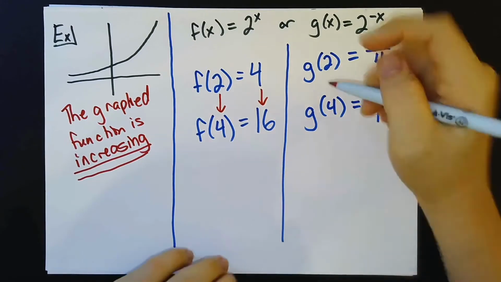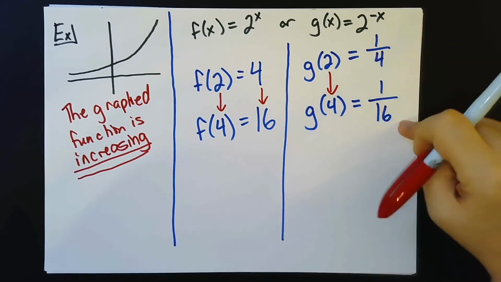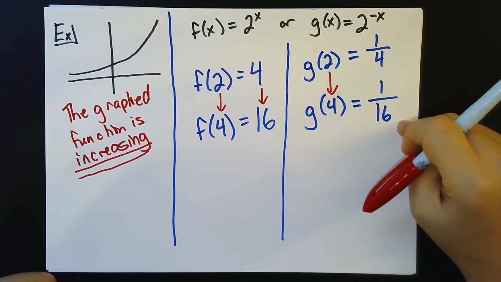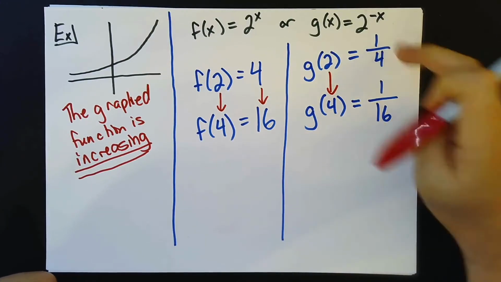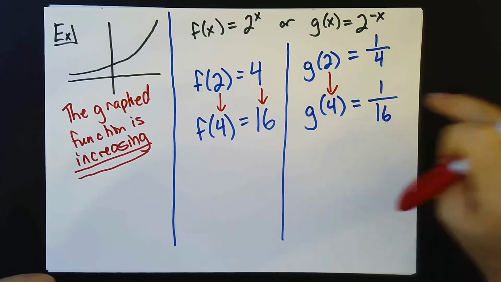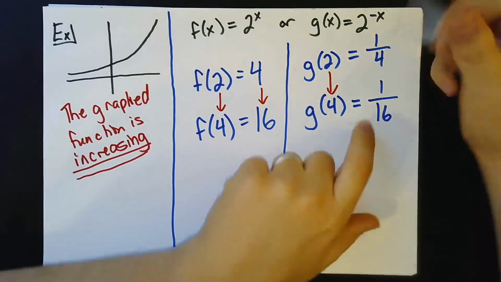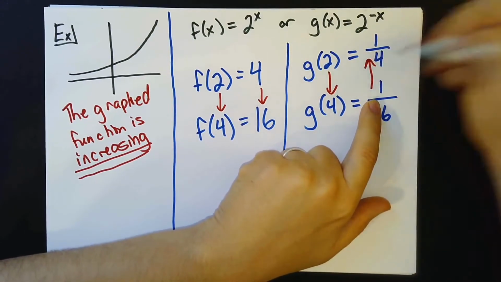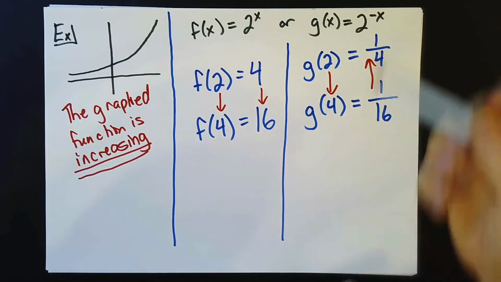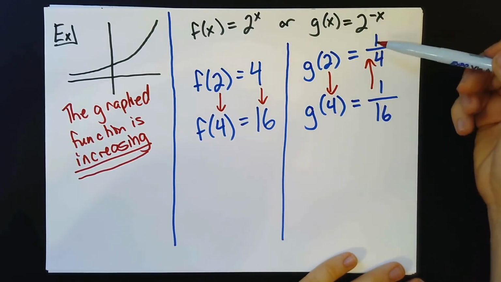So as I increased the input, I went from 1/4 to 1/16. I have to think for a second, which of these is bigger? Bigger denominator means smaller, right? So in fact, 1/4 is bigger. So as the input got bigger, the output actually got smaller.